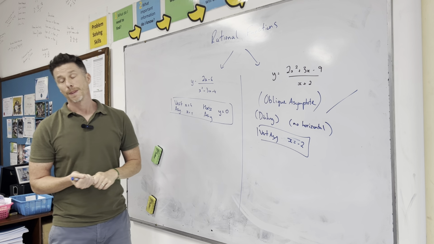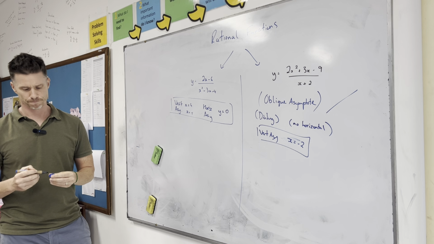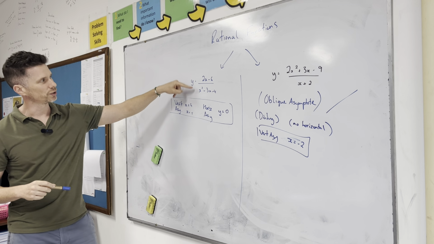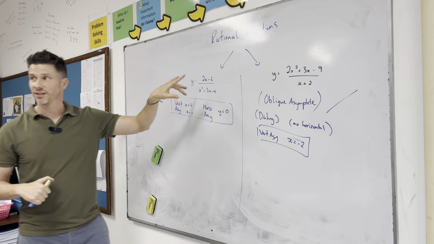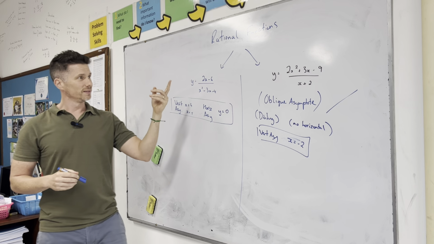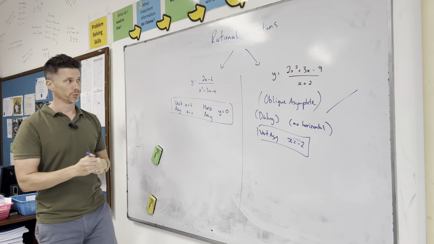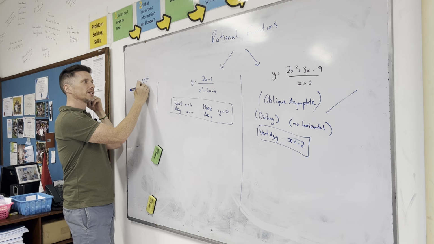But without a graph, you wouldn't really realize that 0 would be an asymptote. Yes, you would, because you just look at this and think, there's a few types. These two, and then the other one, which we dealt with earlier on, the ax plus b over cx plus d.